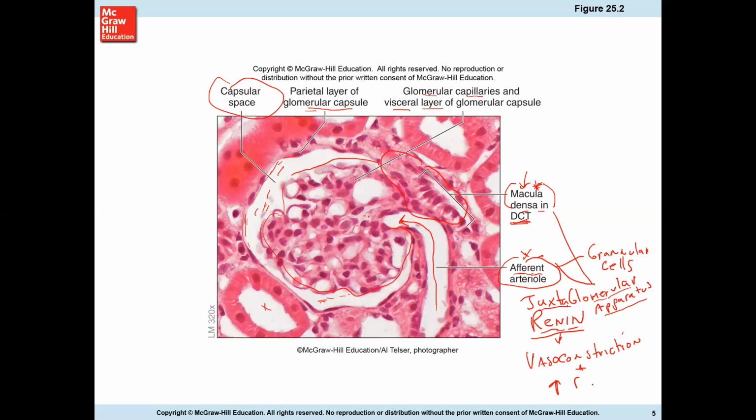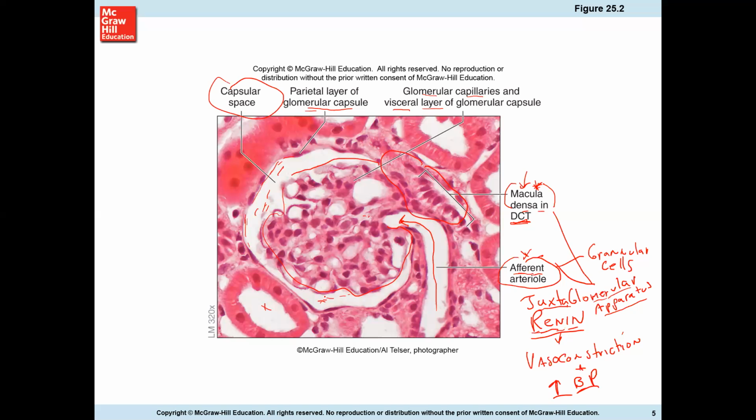Now you're going to learn, in endocrine you might have done this in AP1 actually, where you learn about angiotensin 1, angiotensin 2, and aldosterone, which have to do with increasing sodium reabsorption in the kidney and increasing blood pressure. So again, know the parts though, which is pretty straightforward.